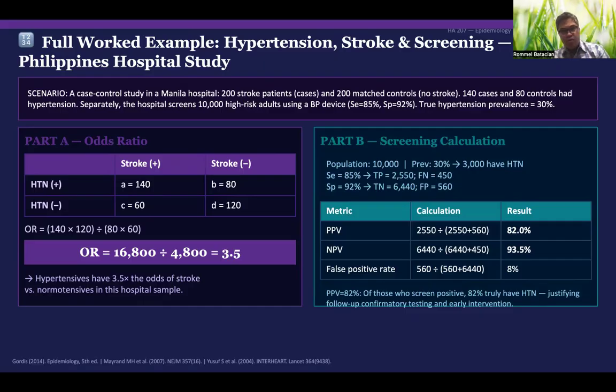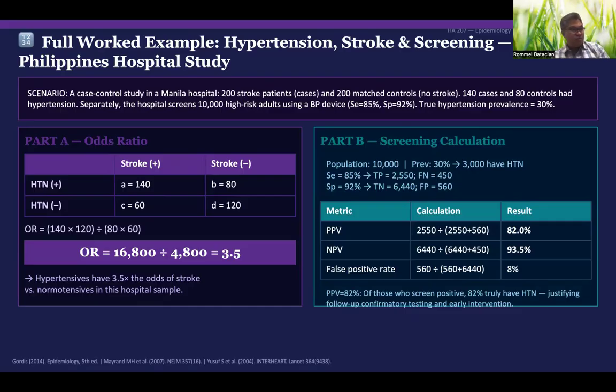Those without stroke, out of 200, only had 80 individuals. So separately, the hospital screens 10,000 high-risk adults using a blood pressure device. And then the prevalence of hypertension is, let's assume, 30%.